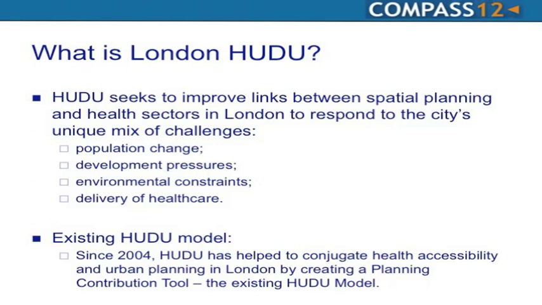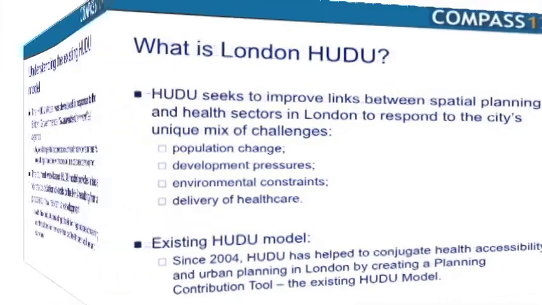So it calculates the financial cost that is going to be imposed on the health system because of the new growth that the developers must pay for to assist in that new planning for health. So it's a very evidence-based tool that developers and local authorities can go in and have a robust discussion about.